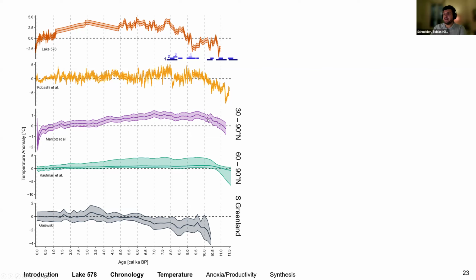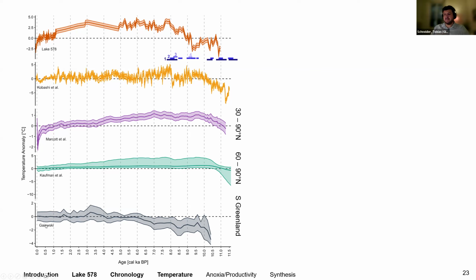And then the hemispheric reconstruction by Marcott and colleagues, including the records from 30 to 90 degrees north. And then the same for Darrell's group, Kaufman 2020, but only focusing on the reconstruction from 60 to 90 degrees north.